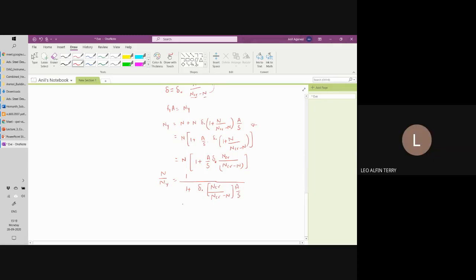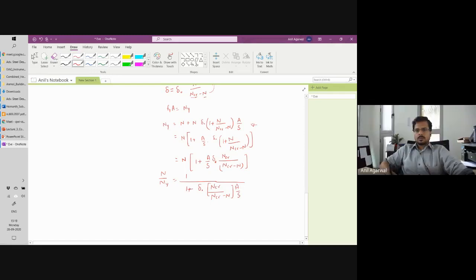Yes, sir. So now I want to solve for n divided by Ny, or for n. If you look at this equation, you can see that this is a parabolic equation for n, because there is n in the numerator as well as in the denominator.